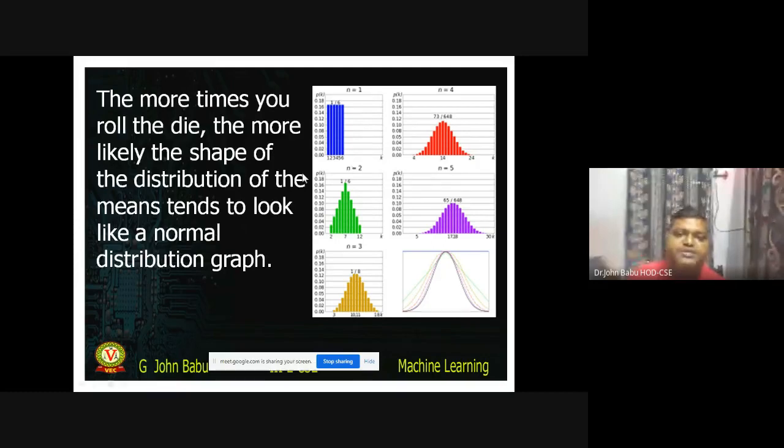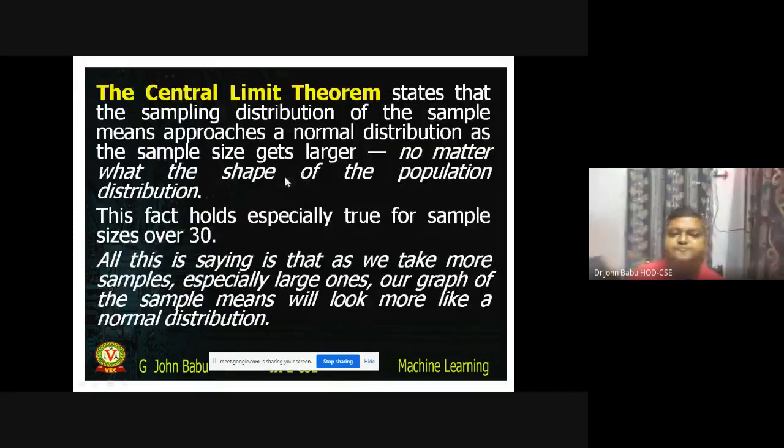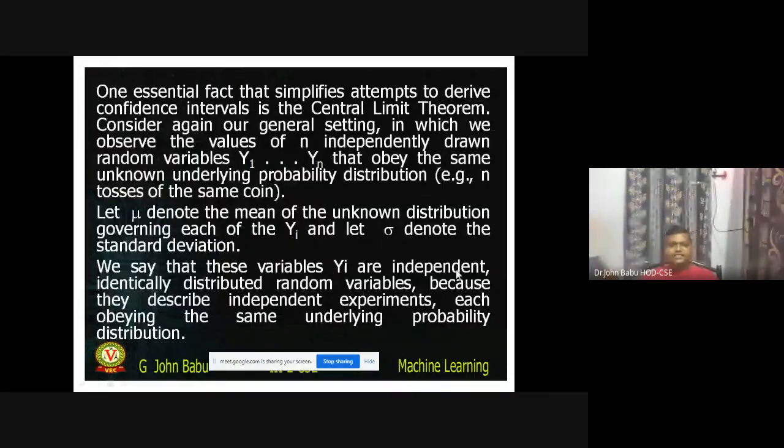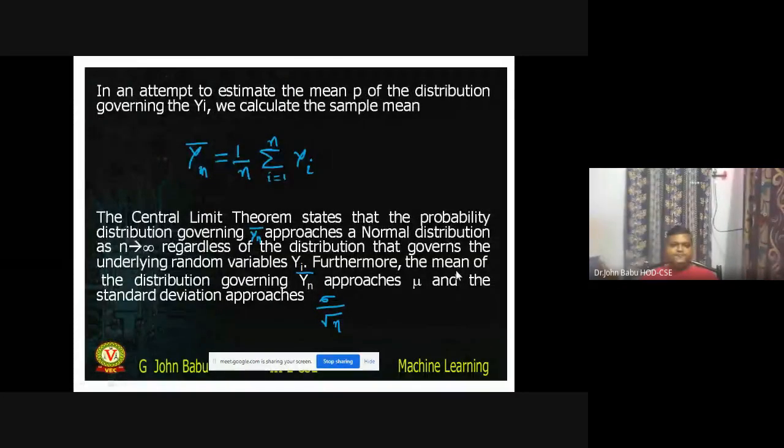When it is normal distribution, the calculations become very easy. So the central limit theorem is: as we take more samples, our graph of the mean will look like normal distribution. The more the sampling size, the more the normal distribution nature. That is the central limit theorem.